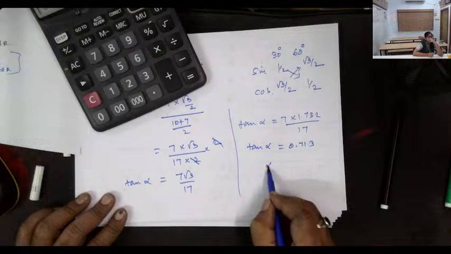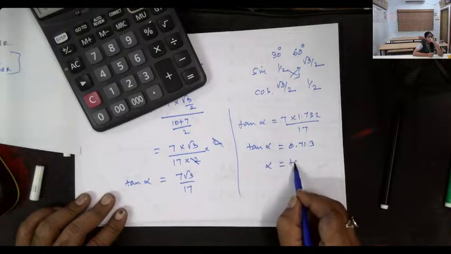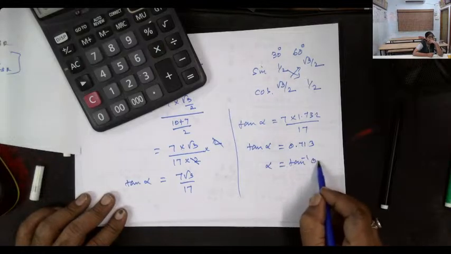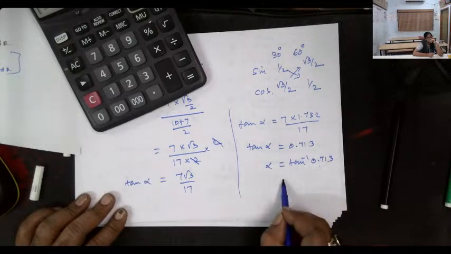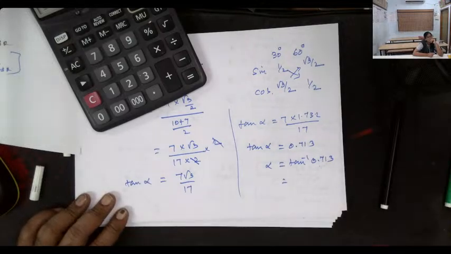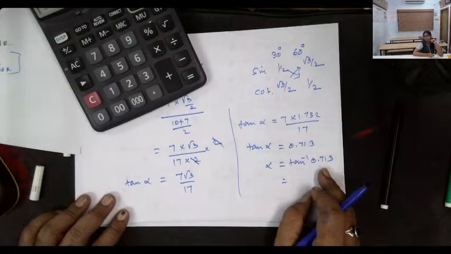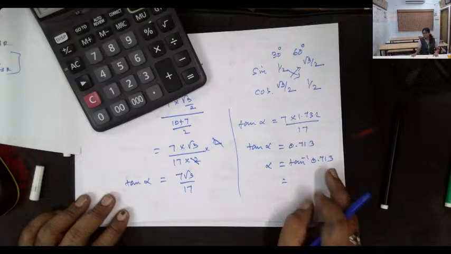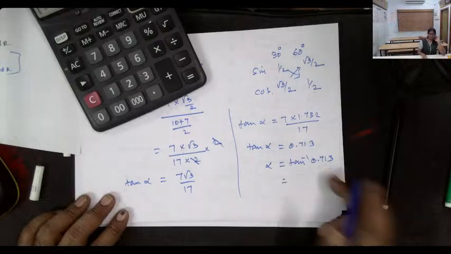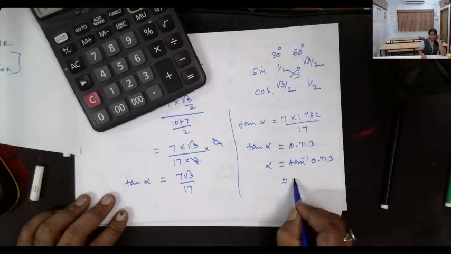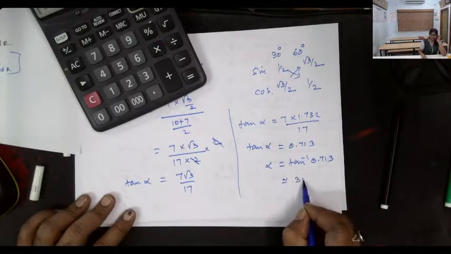So alpha is tan inverse of 0.713. If we look at the trigonometric table we can find it, or if you have got a scientific calculator you can do this. So tan inverse of 0.713 is approximately 35 degrees.